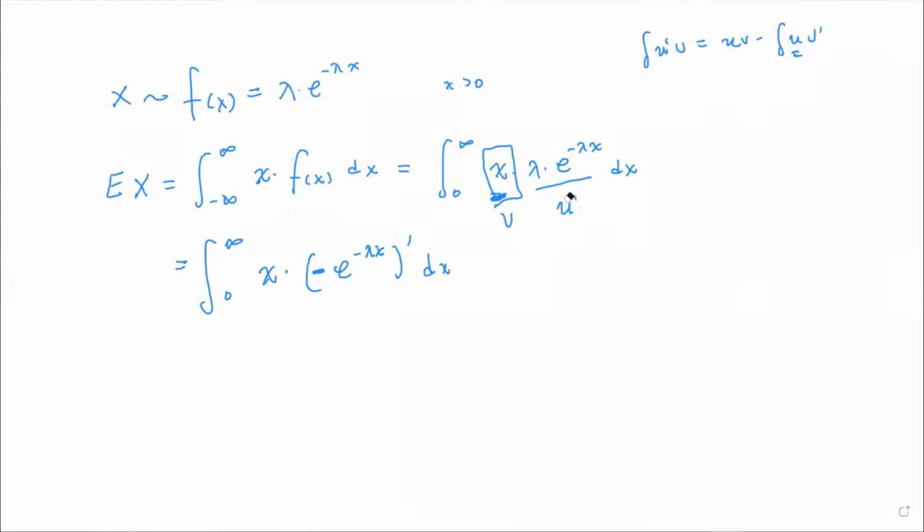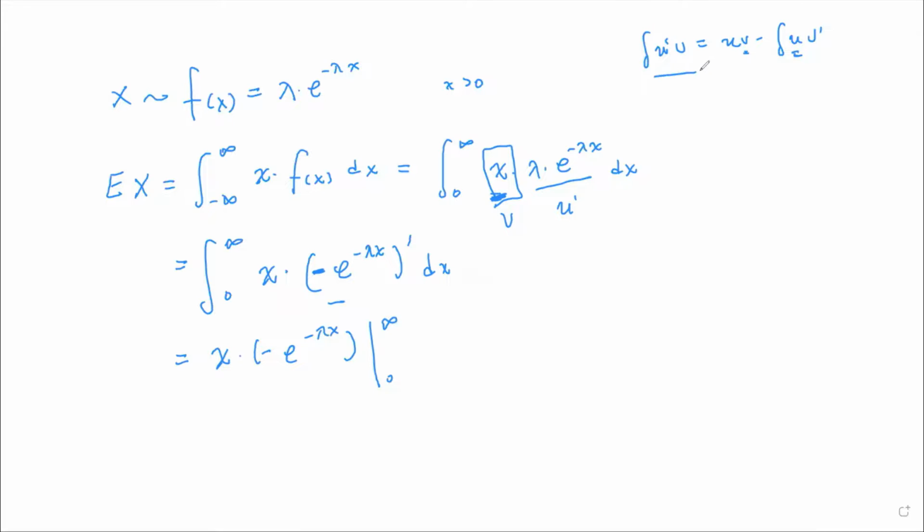So you do need a negative sign in front of the antiderivative. And then I use integration by parts. I keep this x. Okay, you have u, right? You have v is x, and u is this negative e to the negative lambda x, and value from 0 to infinity.